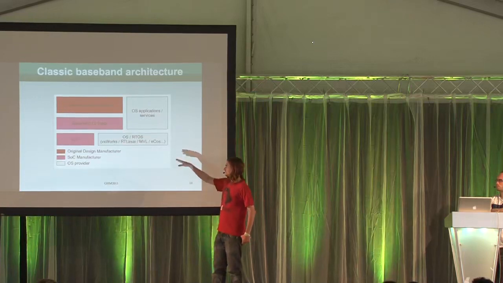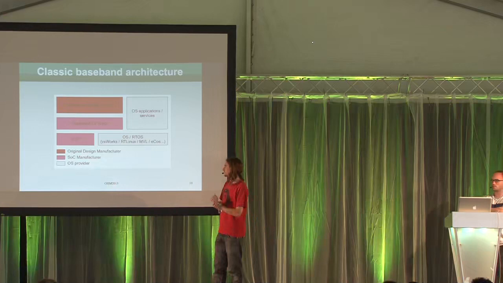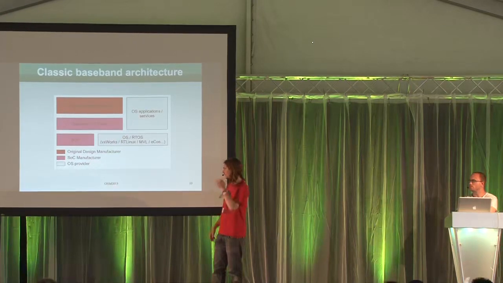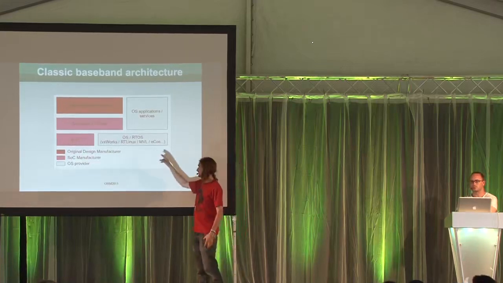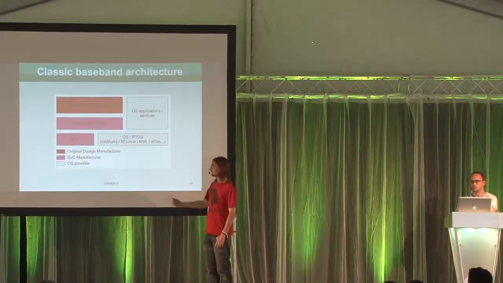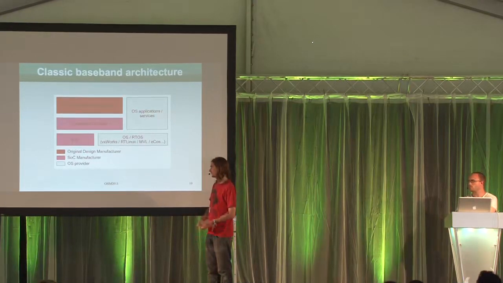For baseband, generally you will find VxWorks. It had 75% of market share 5 years ago. Now it's more and more Linux instead of VxWorks. You can have RT Linux, MontaVista Linux, Nucleus, QNX, a lot of real-time operating systems that have a small footprint.